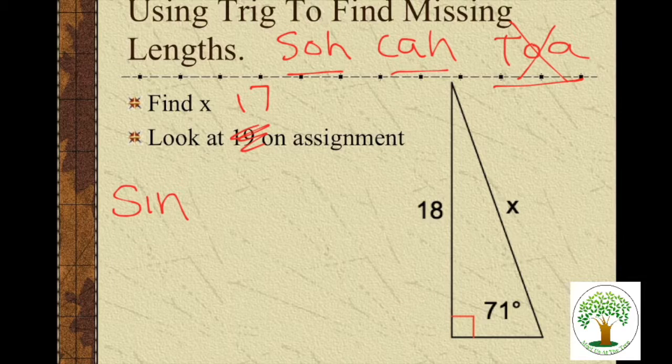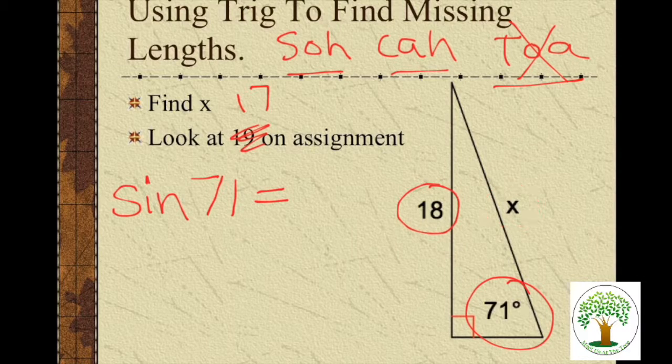Whenever we do a sine, right after we always do an angle measure, and the only angle measure we were using was the 71. So we're going to put sine of 71 equals. We said that sine was opposite over hypotenuse, and opposite is 18, and hypotenuse is x.